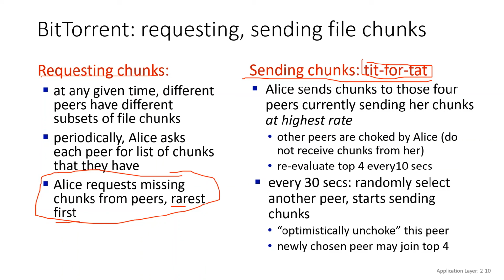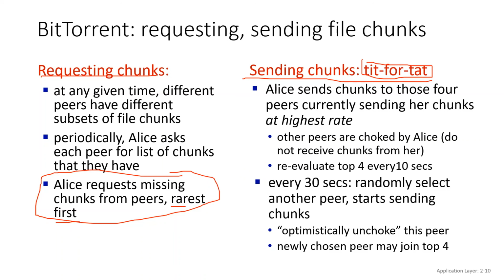Now, when it comes to sending, you have your file, and there are a couple of algorithms for that as well. We're speaking about unchoking, for example. Let's say we have two separate networks.